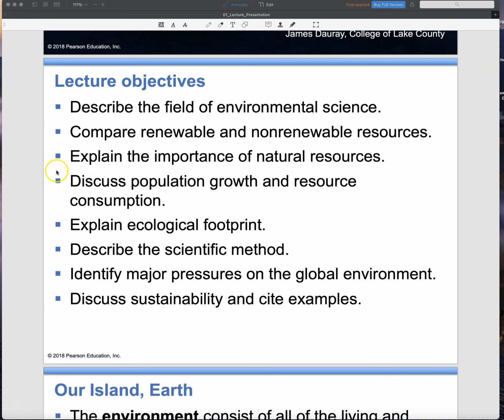But one of the two items that I want to put a little more emphasis on is this one about the ecological footprint and how the population growth and the consumption of all the resources that we have in the planet are defining a very critical point in the sustainability of the planet today, which is basically one of the most important concepts behind environmental science.